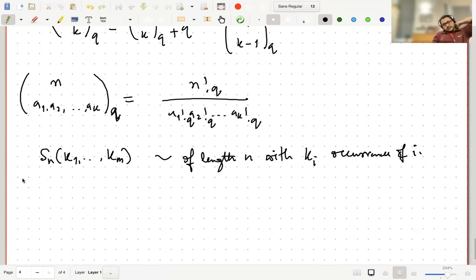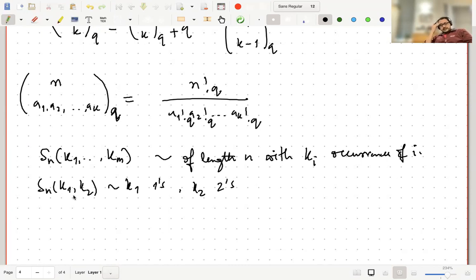In the last case, we had m equal to 2, with k1 ones and k2 twos. It does not matter if you use 0, 1 or 1, 2. So this was the special case of the last example that we looked at.